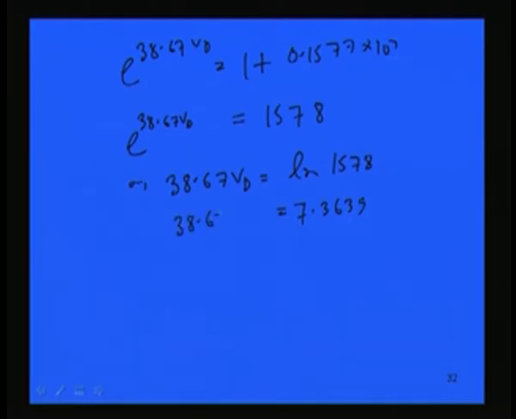So, now we can find out VD. The applied or bias voltage, dividing this by this, will be equal to 0.19 volt. So, for this 1 milliampere diode current we have to apply 0.19 volt.